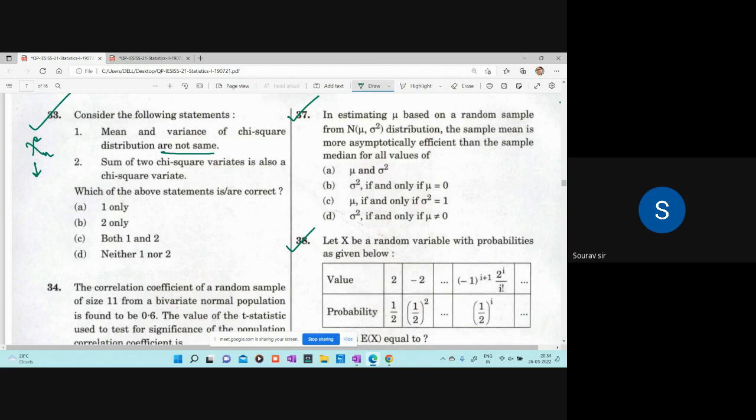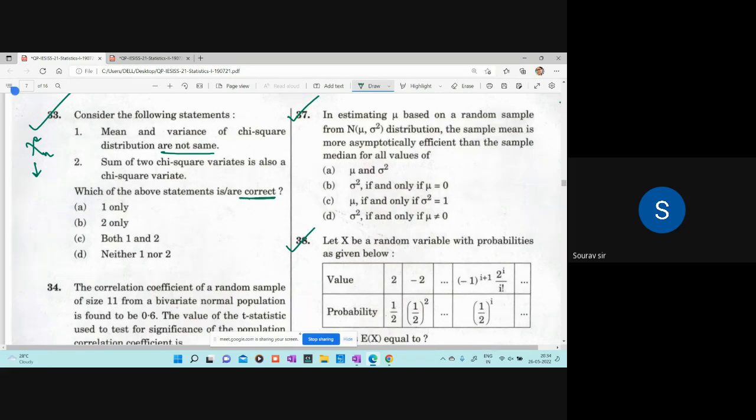And the sum of the chi-square variates, like if we have two variables having chi-square, then their sum will also be a chi-square variate. So whether the additive property is satisfied or not. Okay, so that is what they wanted to say. Consider the statements, which of the following statements is or are correct basically.